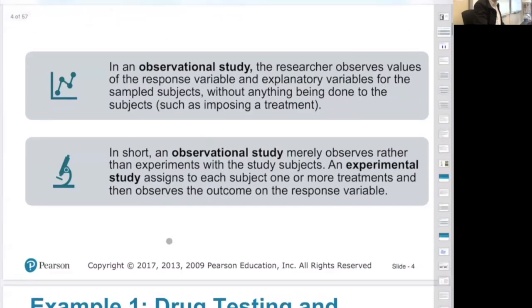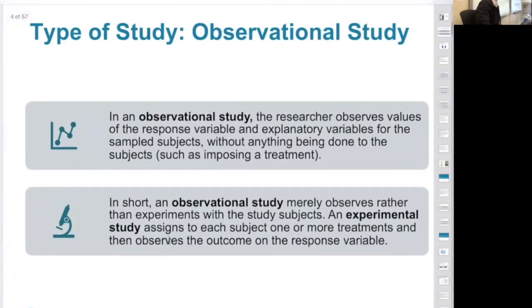So, for example, I need someone to give me an example for a study that just observes what's going on. I can give you an example and you can mimic my example.